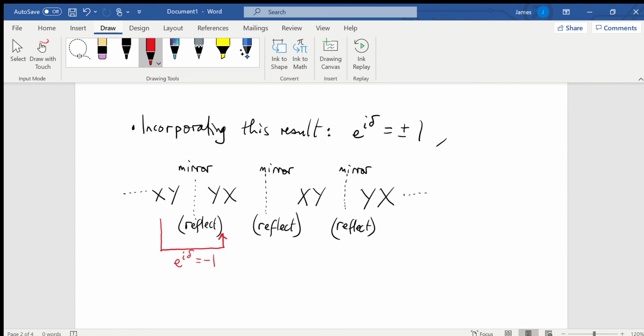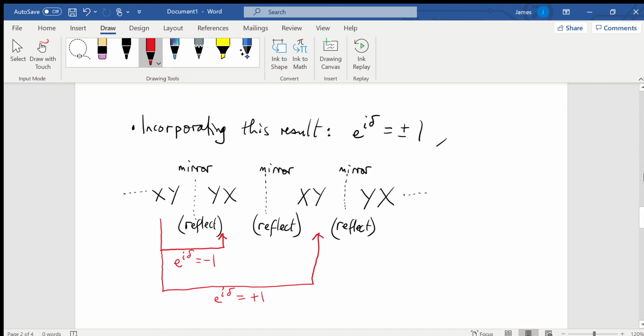If we do a second reflect act, and go all the way there, then e to the i delta is plus 1, because we didn't get the inverted image, we got the original image again. So we just multiplied the whole thing by plus 1.